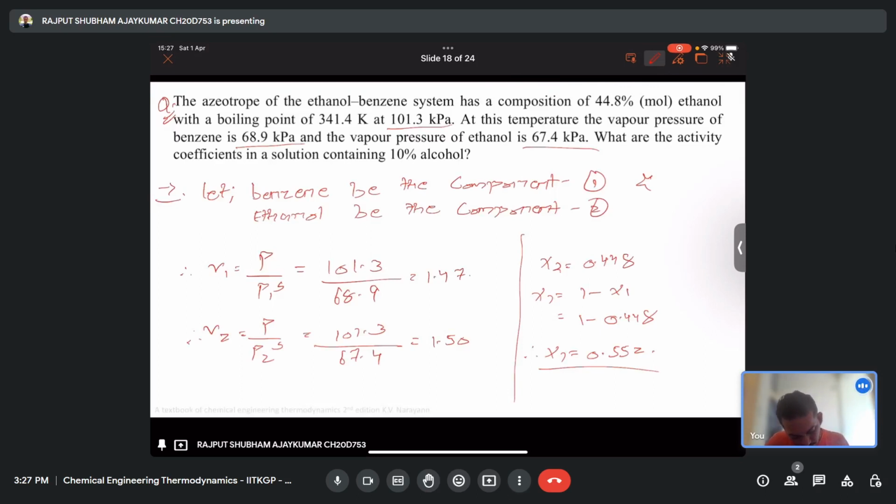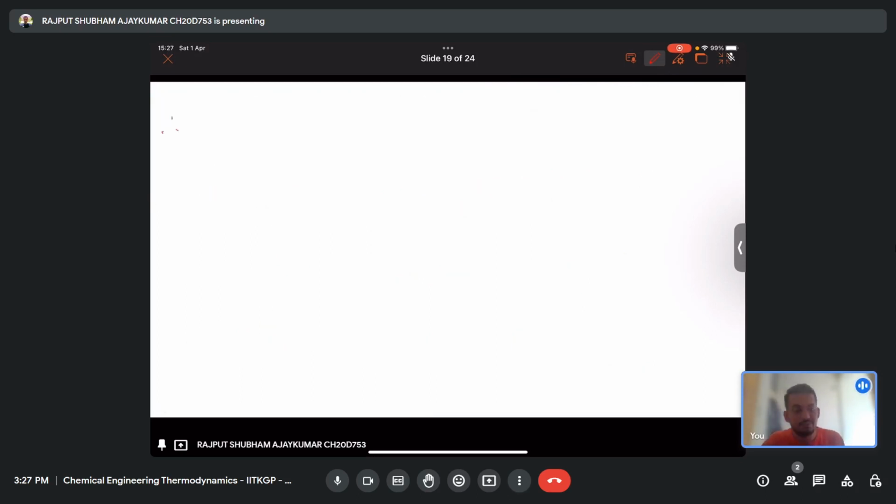So we will use the van Laar equation for determining the van Laar constants. Since nothing has been specified, we will use the simplest one, which is known as the van Laar equation.